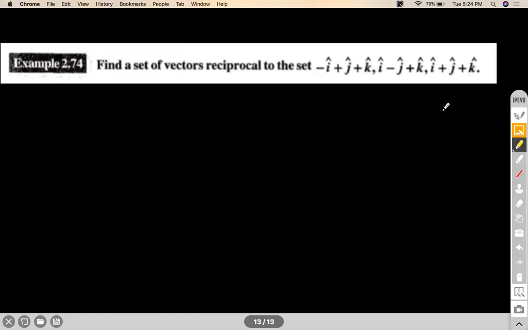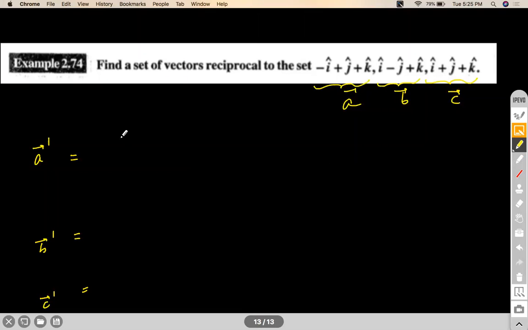Okay, so we need not spend too much time on this. Let's say I call this A, B, and C. So I want a reciprocal set of vectors for this. The reciprocal set of vectors, as we discussed, would be, let's say, A dash, B dash, and C dash.